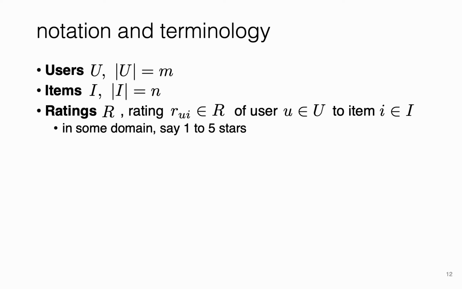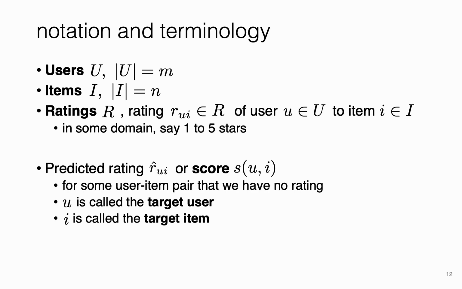Ratings are the explicit feedback of a user to an item. So we denote R with subscript U, I to indicate that this rating was from a specific user to a specific item. The values it can take are in some domain, say 1 to 5 stars.